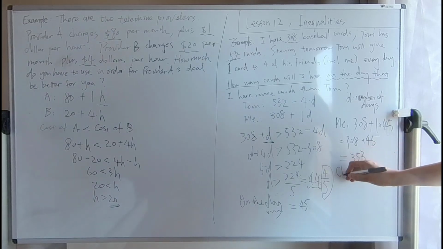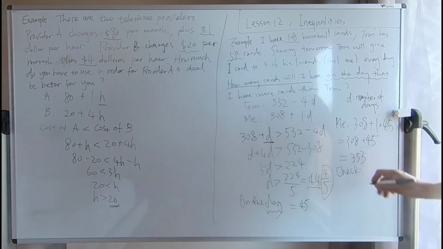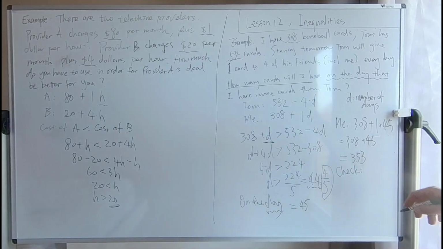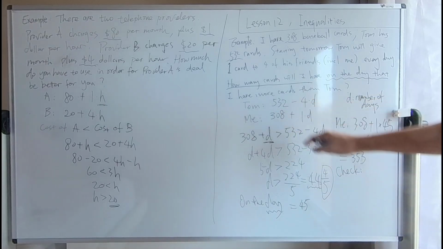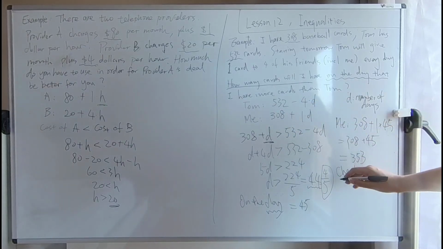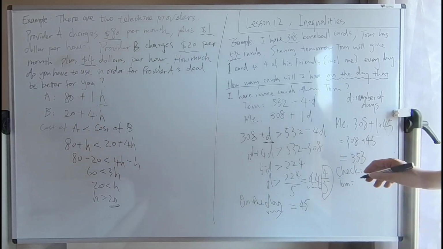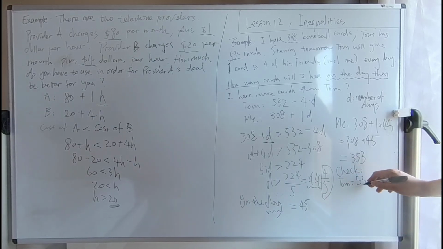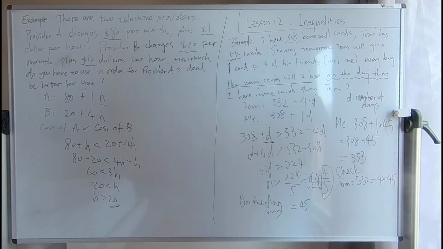I can validate this by calculating Tom's cards to see if I really have more cards than Tom. So similarly, Tom will have 532 as the initial amount minus 4 times 45 days.